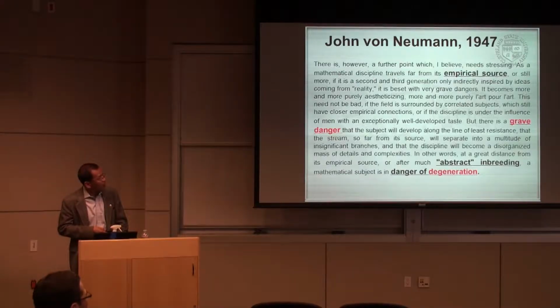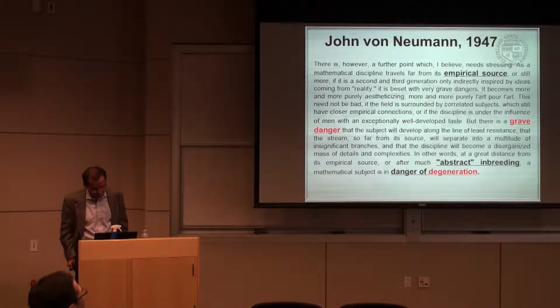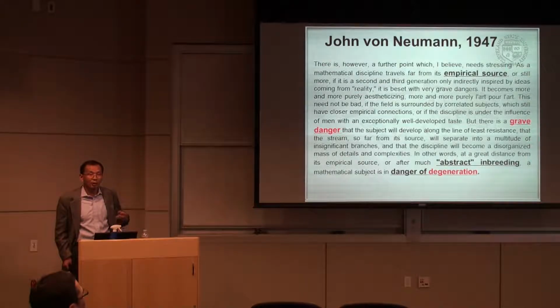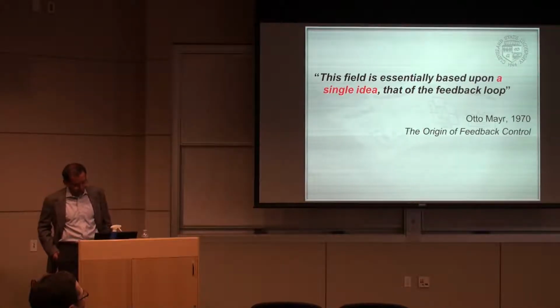And in mathematics, we have a renowned mathematician, John von Neumann, who warned us in 1947, the year before Wiener's book, that you have to be aware that there's a grave danger in this kind of effort: when you take a theoretical science away from its empirical source, and you are not careful with how this branch of science develops, it could get away from its empirical beginning. And he warned us in this paper.